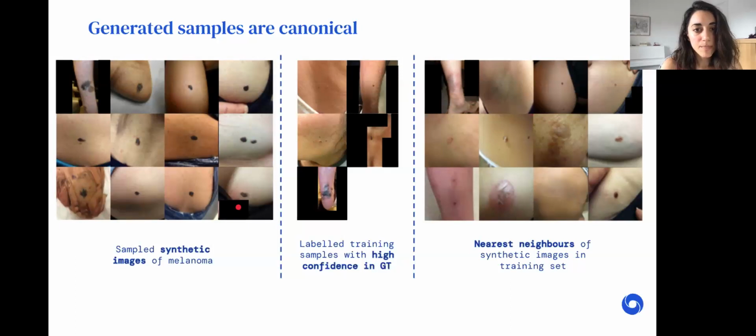So yeah, and then we also show the nearest neighbors in the training set of these synthetic images on the right-hand panel. And the reason why we run this experiment is to show that we are not just memorizing samples from the training set. And this is why we do this nearest neighbor analysis here.